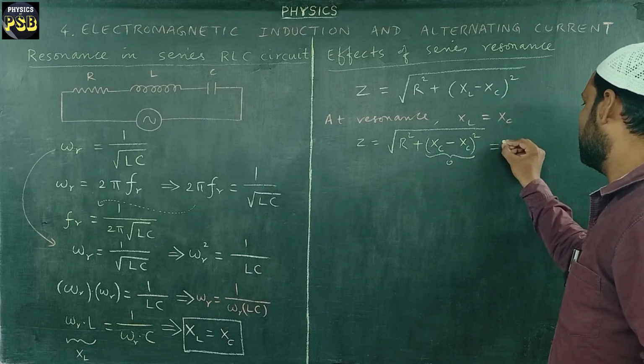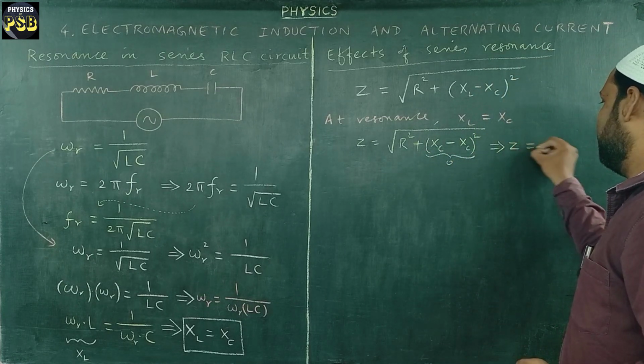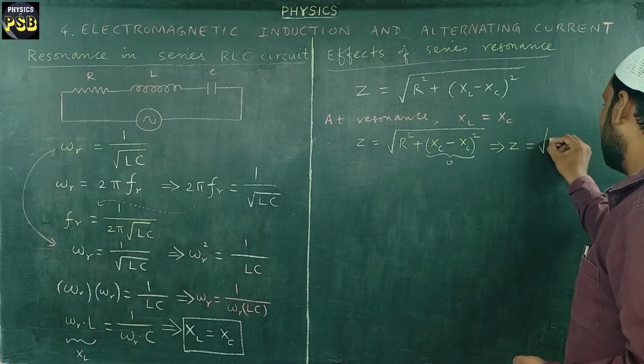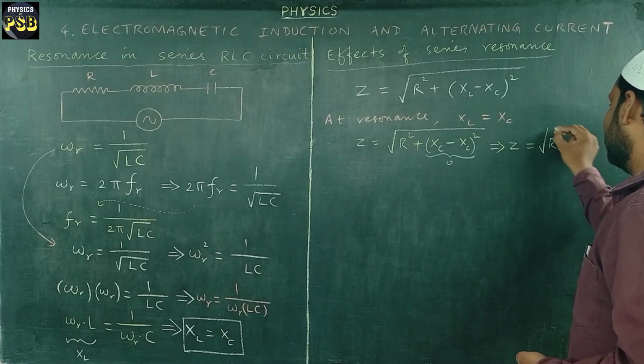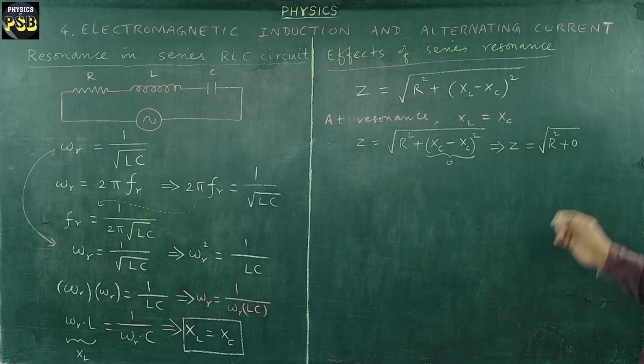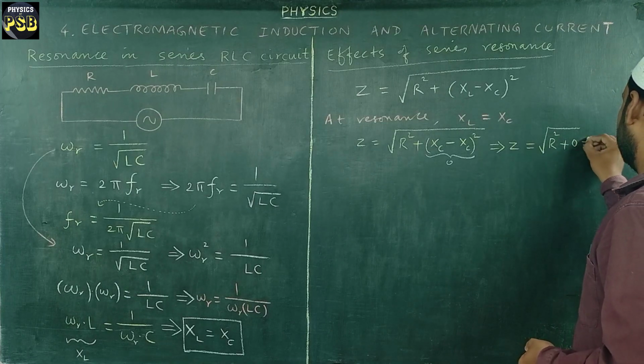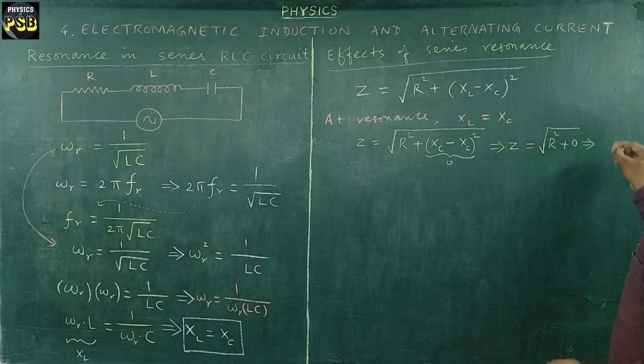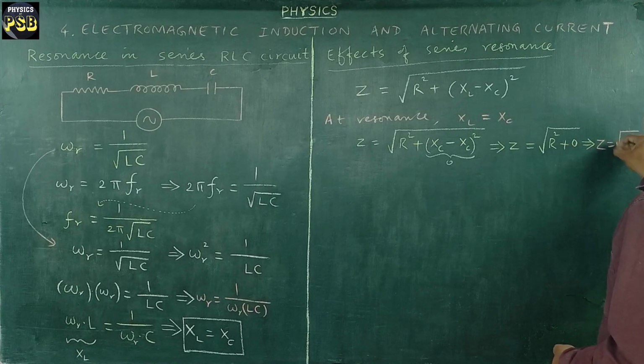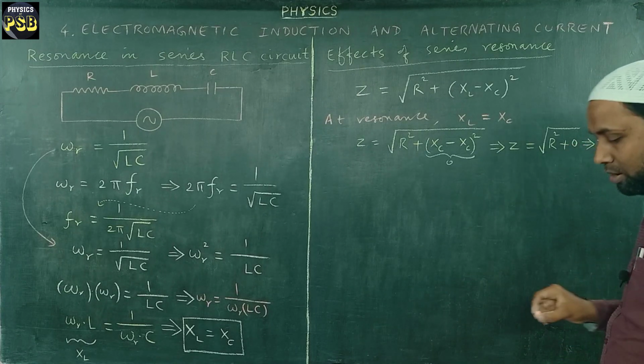So Z will become equal to root of R square plus 0, and this is found to be equal to the root of R square.